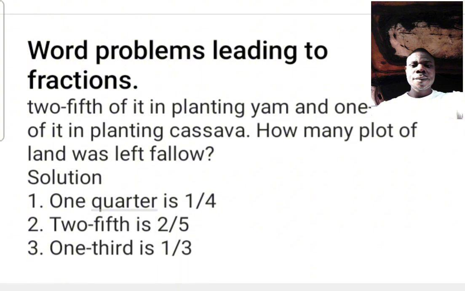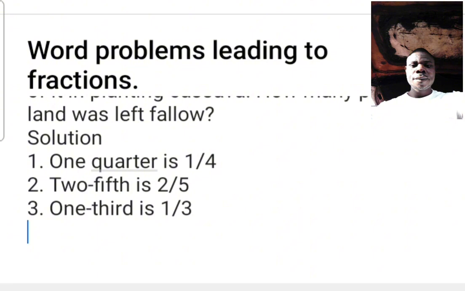Now, how many plots of land was left fallow? So we now had these 3 fractions together, then subtract it from 1, because I said earlier that an event that took place, a plot. So that phrase, it means that a plot means 1. So we now move by adding these 3 fractions, then subtract it from 1.